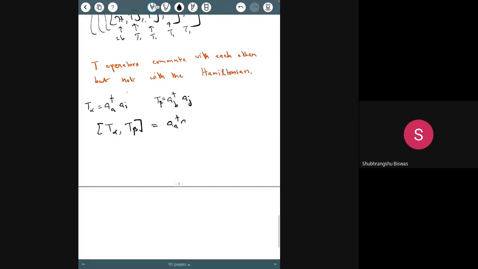So you have a creation and annihilation on different orbitals. That looks like a_a† a_i a_b† a_j minus a_b† a_j a_a† a_i. And are the strings the same? Let's see. Let's keep the first one intact.